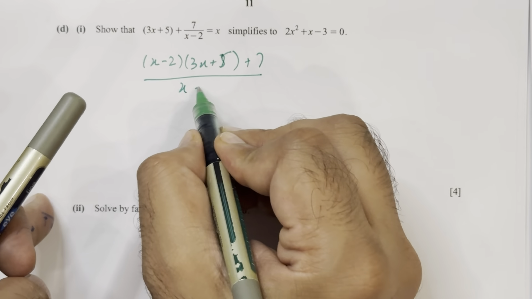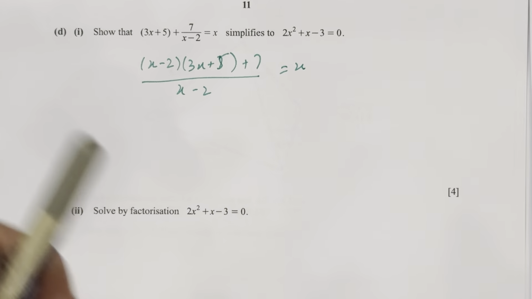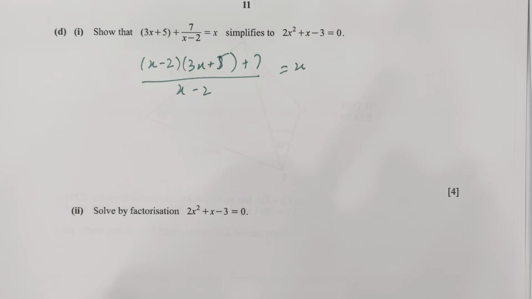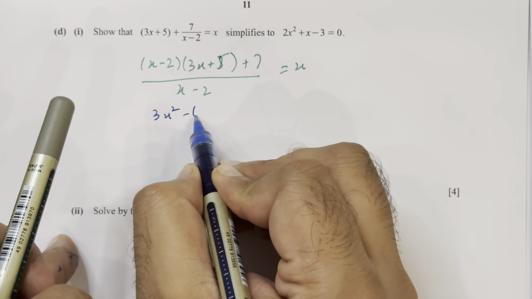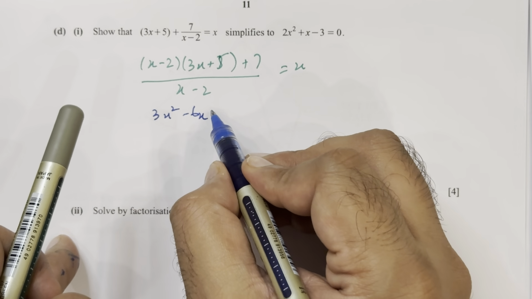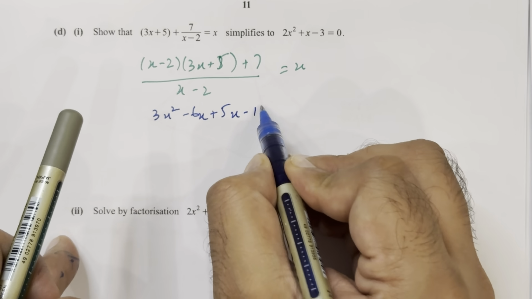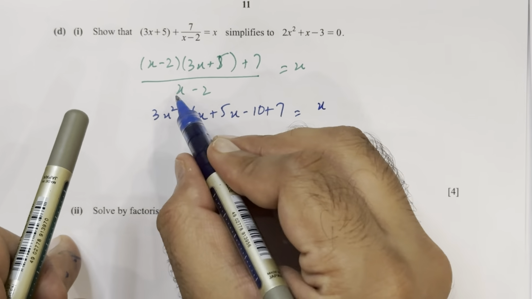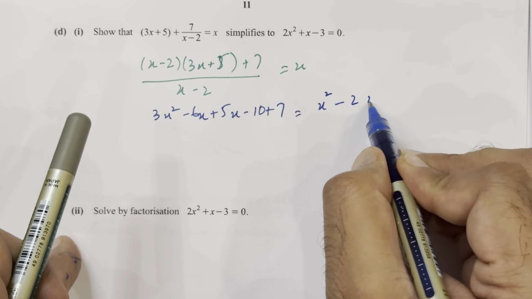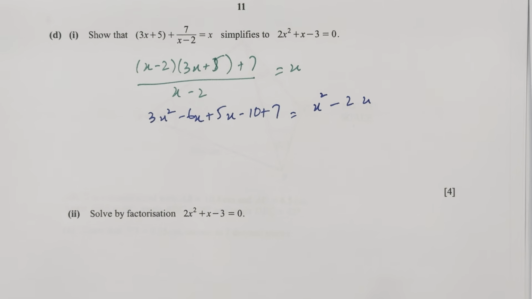It would be like that. X minus 2 is equal to x. Now you need to multiply those values. It would be 3x square minus 6x plus 5x minus 10 plus 7, and x is multiplied by this, x square minus 2x. You carry those values by cross multiplying it.